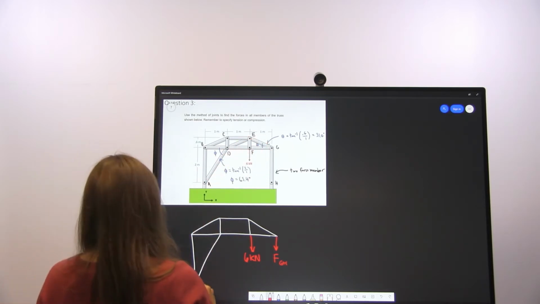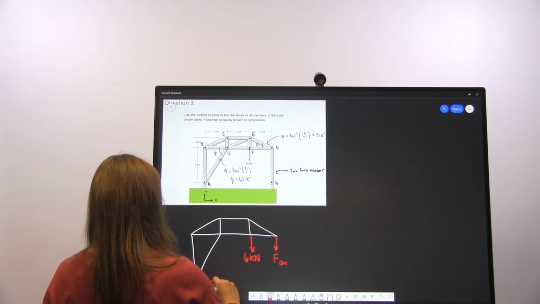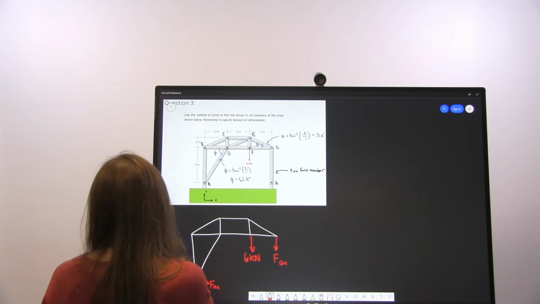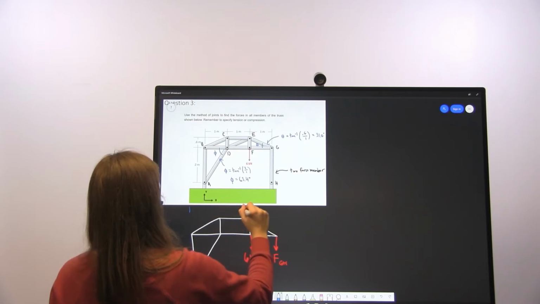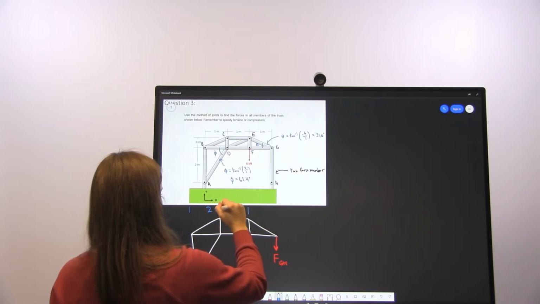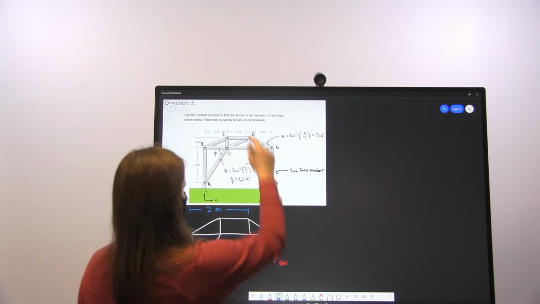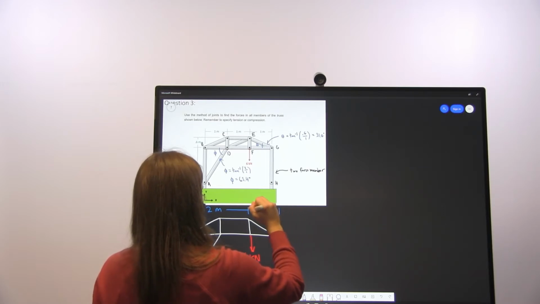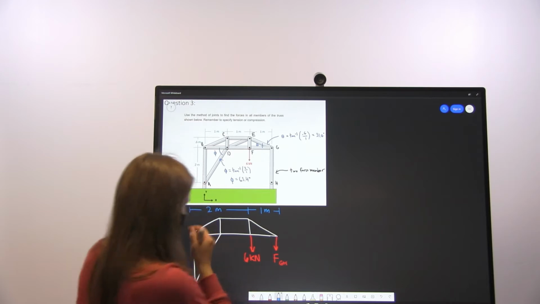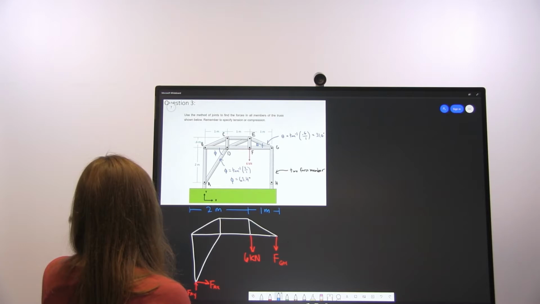And then we also have forces in the X and Y directions for A, so we're going to label those as well. From A to the member EF is 2 meters, and from the member EF to the member GH is 1 meter, so we're going to label that. And we're going to try to find FGH, FAX, and FAY.